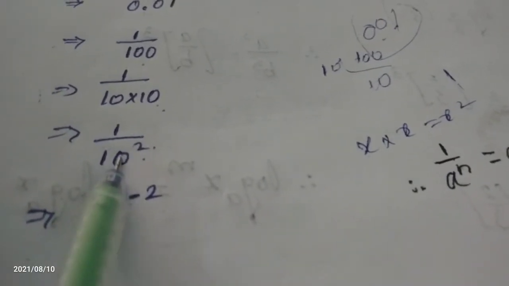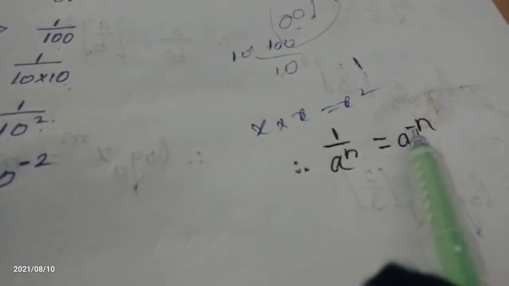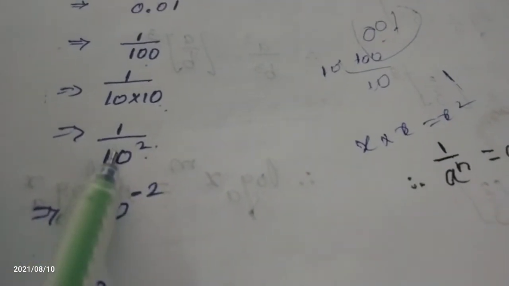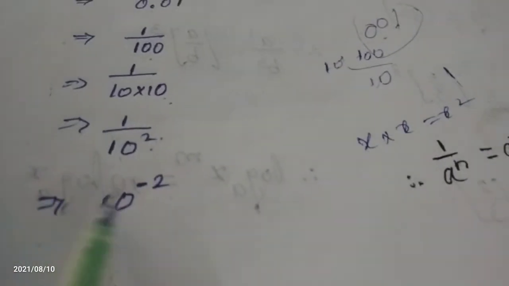Here we have 1 by 10 square. The power is plus 2. If you want to put it in the numerator, the power becomes negative, so 10 to the power of minus 2, because I am taking the whole value in the numerator. Up to that, clear?